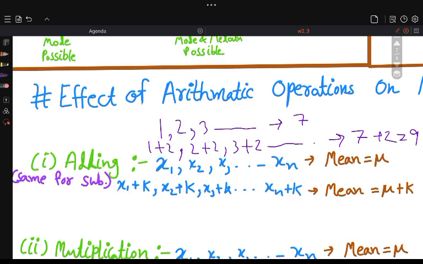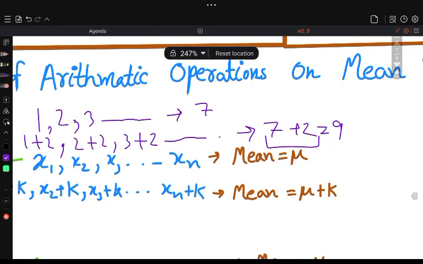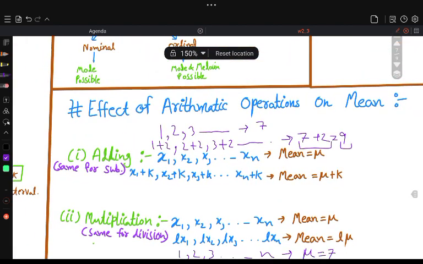Then the mean also gets added by 2. So if we add k to each element, the mean also gets added by k. So in our example, the new mean will be 7 plus 2, that is 9. This was the first case, addition, and the same is applicable for subtraction also.